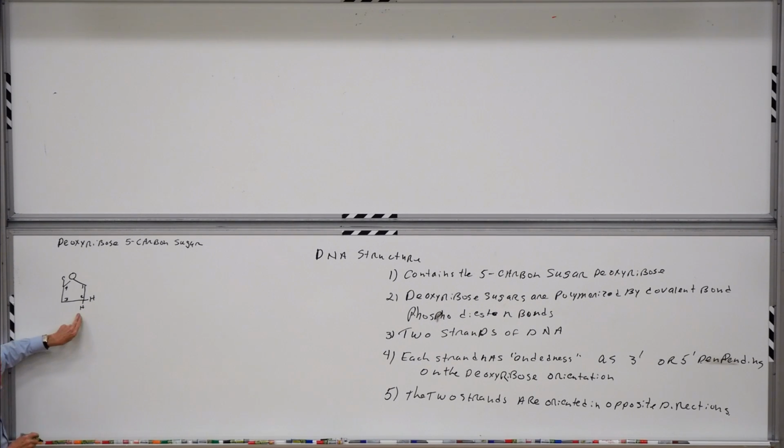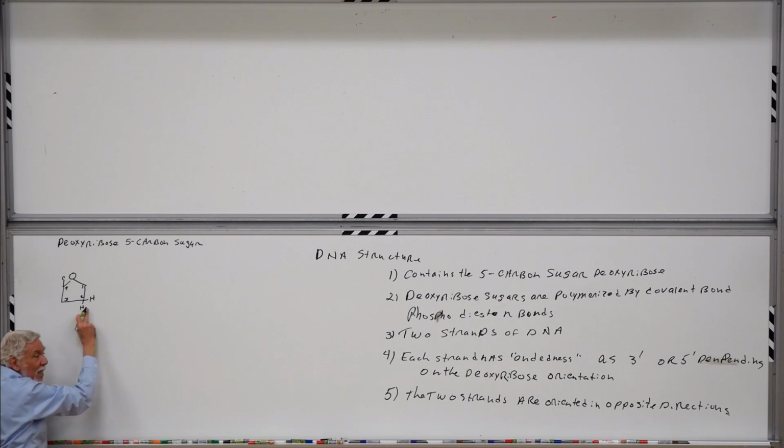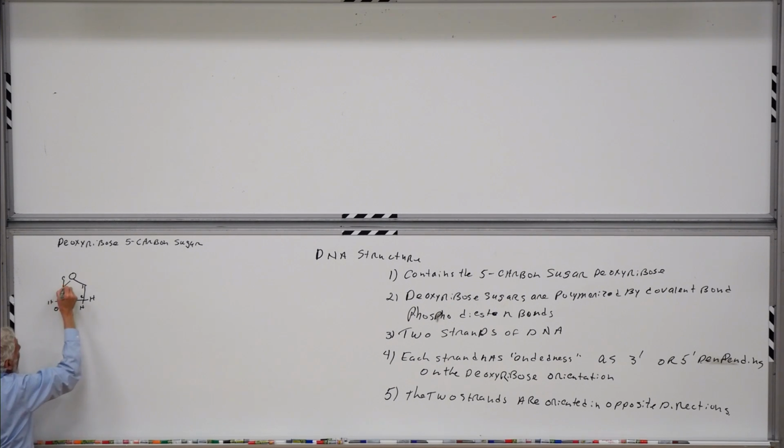We'll see later that ribose is distinct from deoxyribose simply by having a hydroxyl at this point. This has implications for the structure of the molecules. But for now, recognize deoxyribose lacks the oxygen on the number 2 carbon. The number 3 carbon, again, has a hydroxyl and a hydrogen. And the number 4 carbon has a hydrogen.